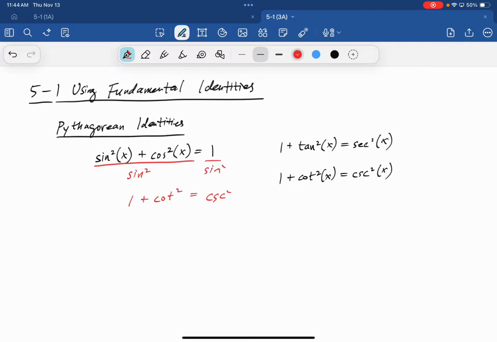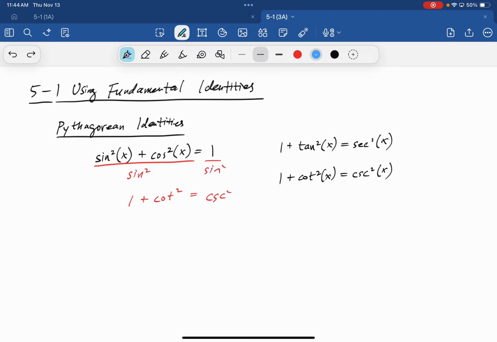When I was in pre-calc, I didn't even bother memorizing these because they're very easy to derive. But maybe memorizing them would be a good idea, so that it comes more naturally.